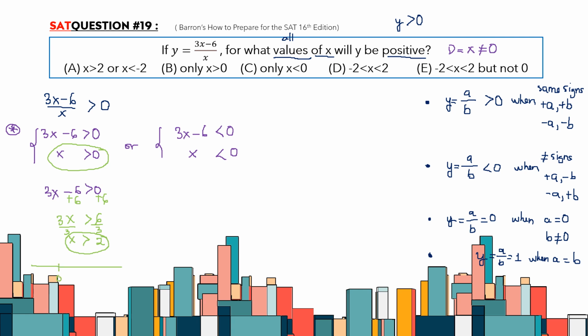Here is 0, here is 2. X greater than 0 goes like that, open. X greater than 2 is open too. The intersection between the two sets is x greater than 2. This is when the top and bottom are positive. Greater than 0 means positive.